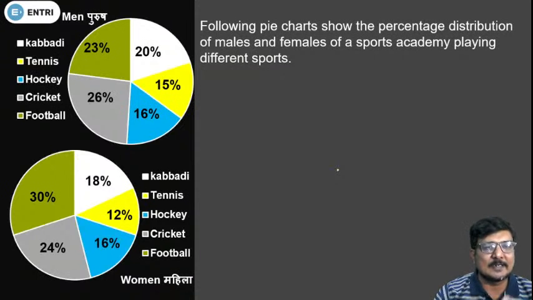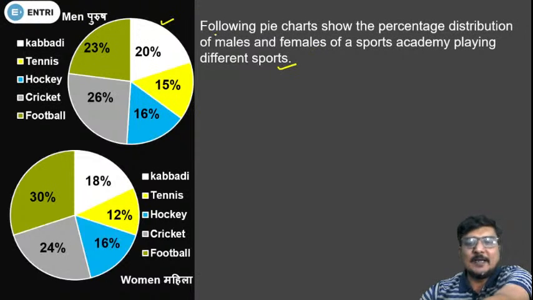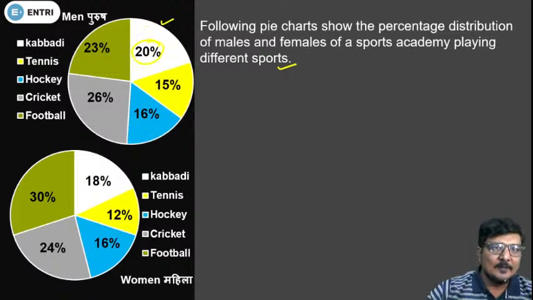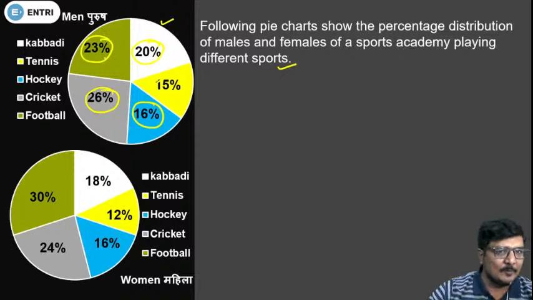The next question is a simple pie chart data interpretation. There are 2 pie charts given to you. The following pie charts show the percentage distribution of males and females of a sports academy playing different sports. The first pie chart shows the representation of men: 20% men play kabaddi, 15% play tennis, 16% hockey, 26% cricket, and 23% football.